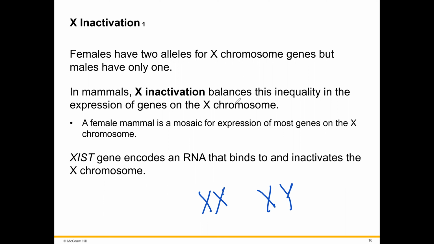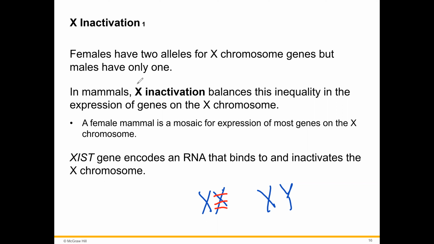But that's actually possible because even in females, who have two X chromosomes, one X chromosome is inactivated. That's pretty interesting, right? Even in females, one X chromosome is not active. So overall, male and female both have only one functioning X chromosome. Females have two alleles for X chromosome genes, but males have only one.